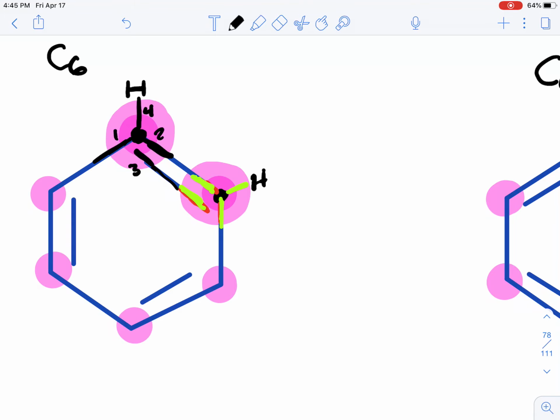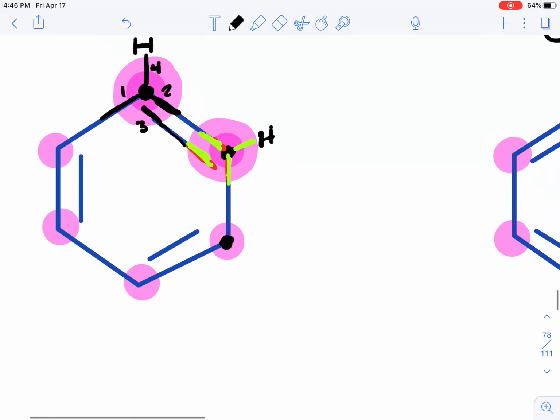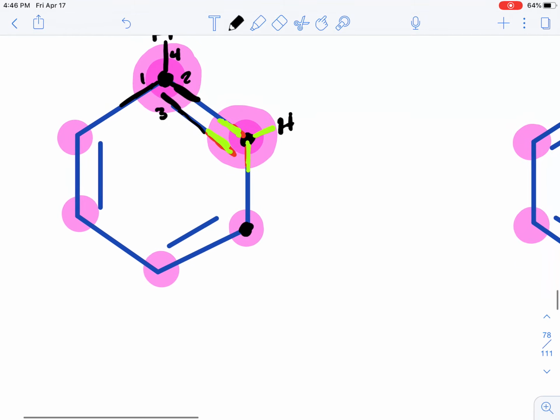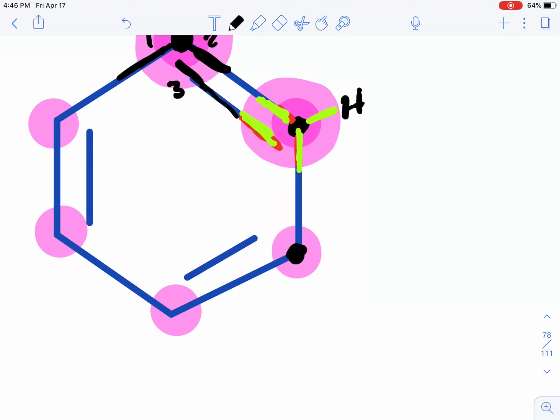So if we think about this whole process, I'll just do a couple more just so that you guys can see. Zoom in. There we go. All right, so if you guys are looking at this carbon, there's 1, 2 bonds already on that carbon. And since there's a double bond, this is going to represent the 3rd.